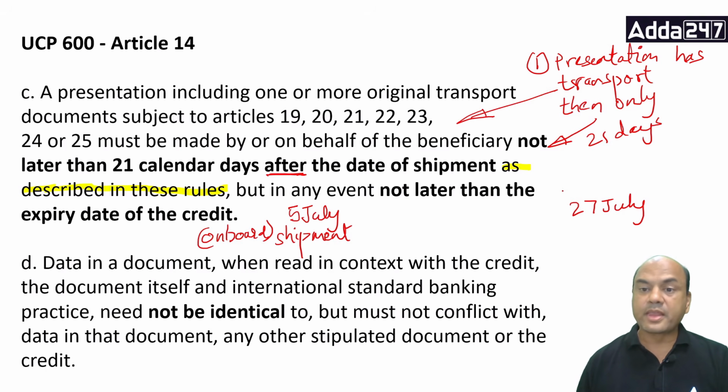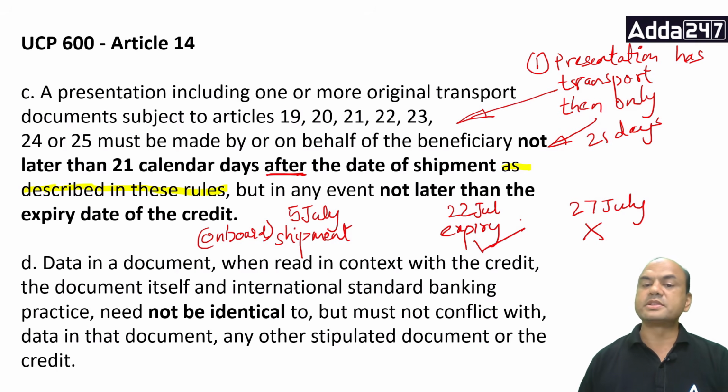If the transport documents are asked for. If they are not asked for, then we look at it separately. But in any event, not later than the expiry. Let's say now the expiry is on 22nd of July. Then my presentation date is not 27th, it becomes 22nd, the expiry.